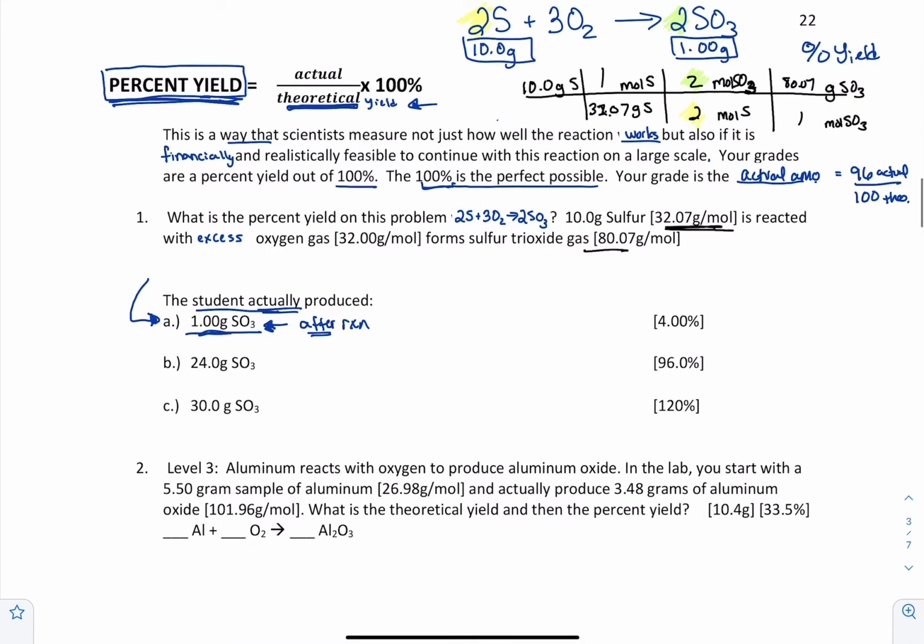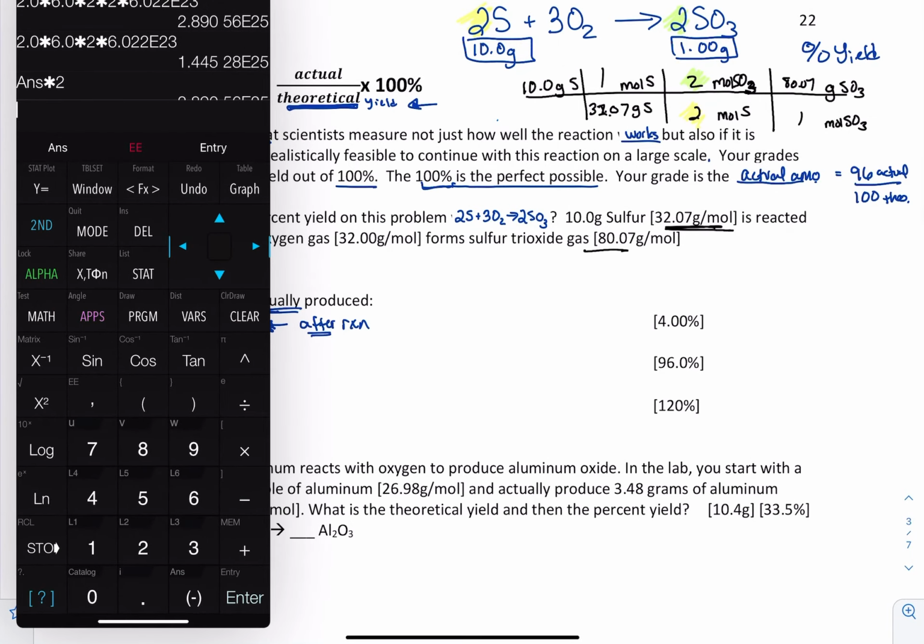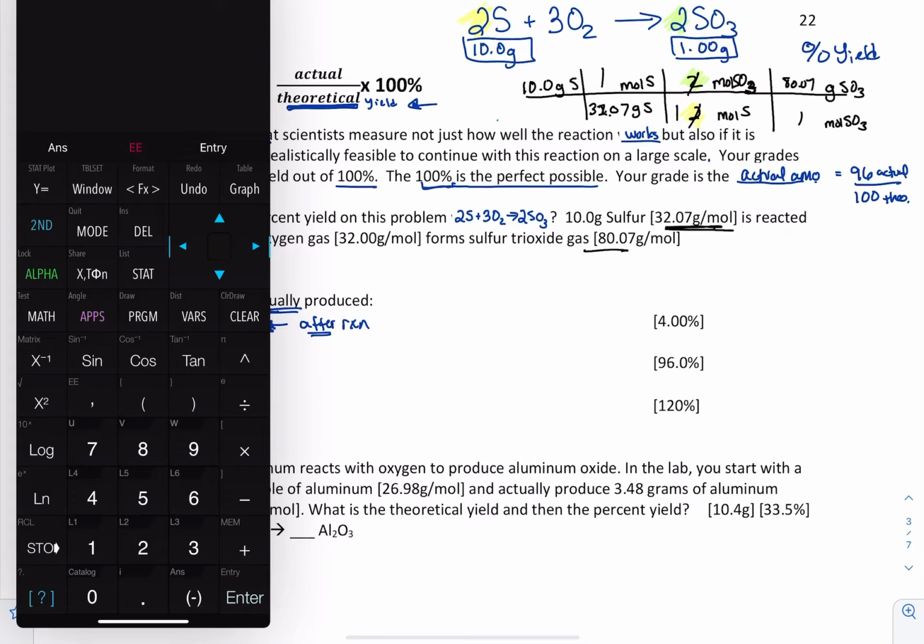So we'll do this calculation first, and that'll be the lower part of our theoretical yield. All right, 10, I'm going across the top, times, and if you didn't want to put these in the calculator, that's a 2 and a 2. You can put them in, but really those cancel out. So it's like saying 10 times 1 times 1 times 80.07 divided by 32.07.